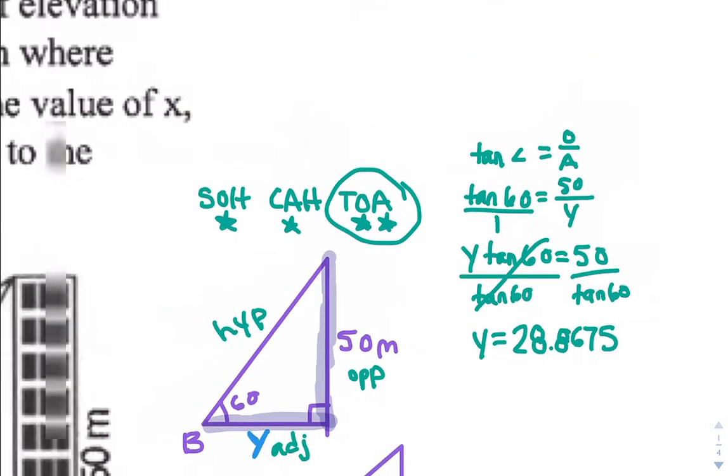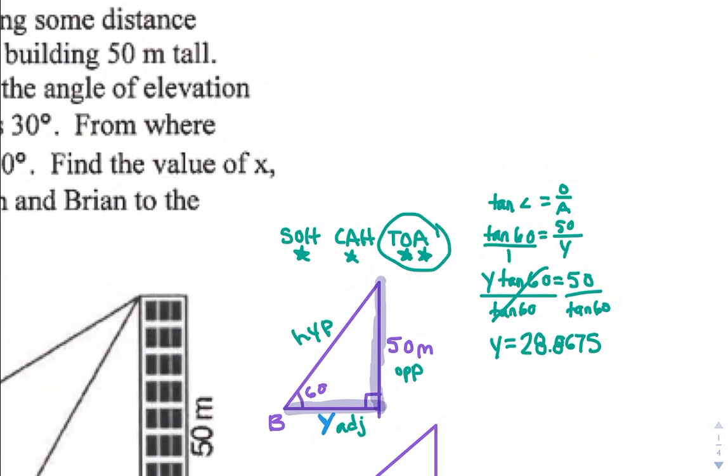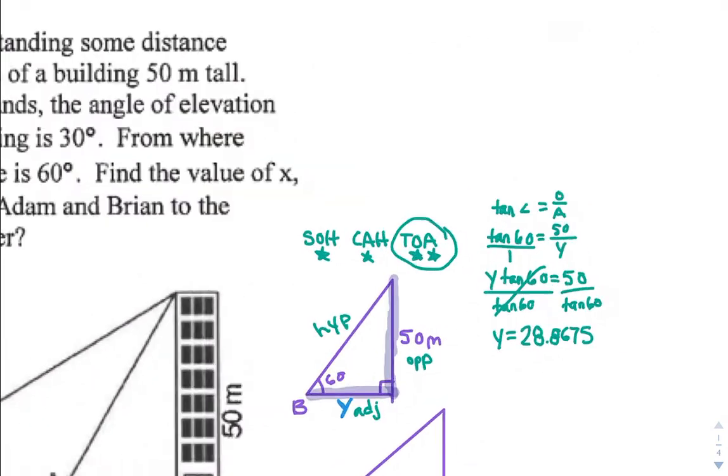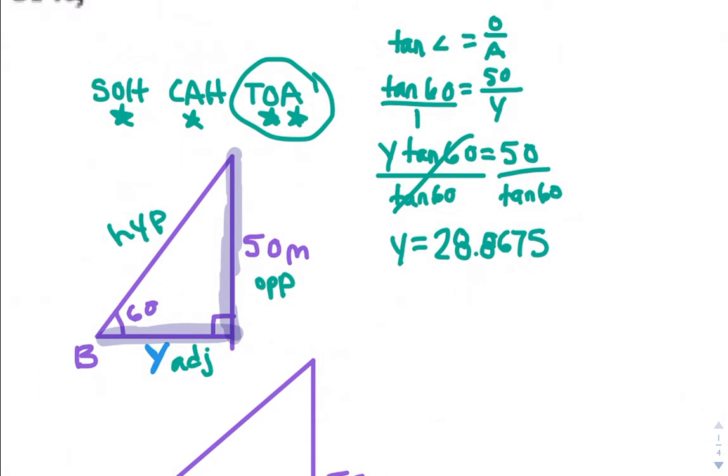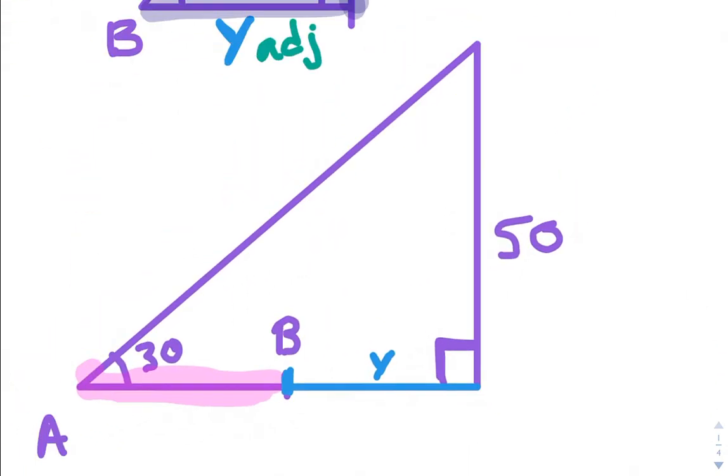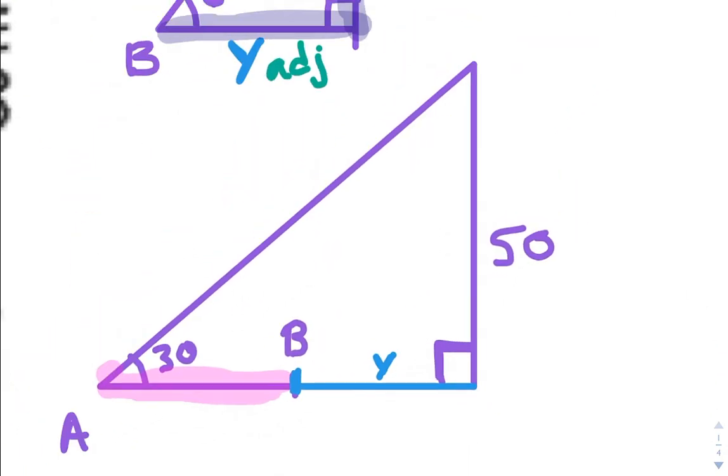Typically, don't round at all because that's how you're going to get the most exact value, okay? But since it says the meter, I would just go an extra 4. So that means that this length right here, from here to here, is 28.8675.